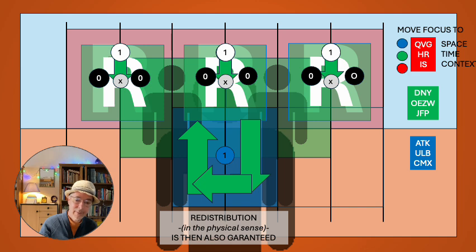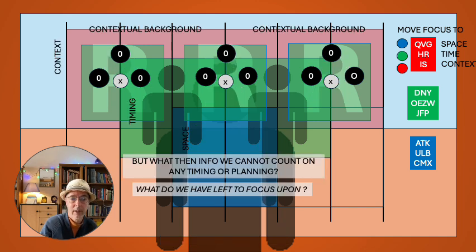The redistribution also in the physical sense will be guaranteed once this process is running. But what if we cannot count on the timings, not on the plannings, not on everything which is going on and which is ready to connect and so on?